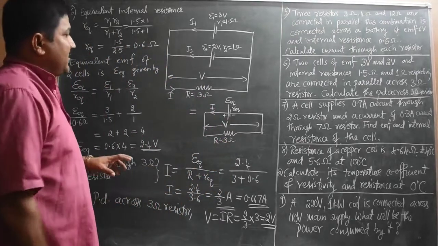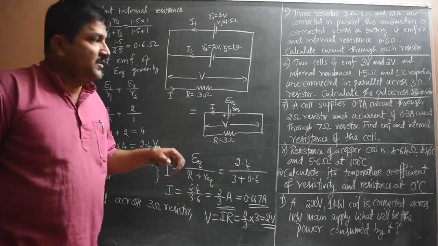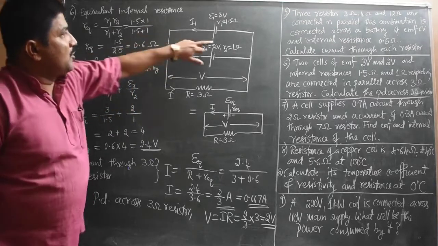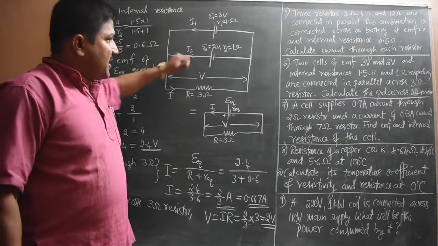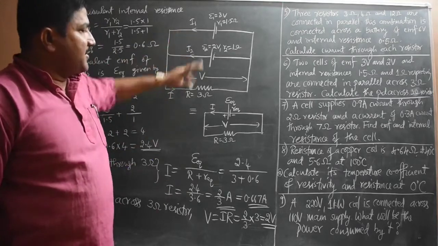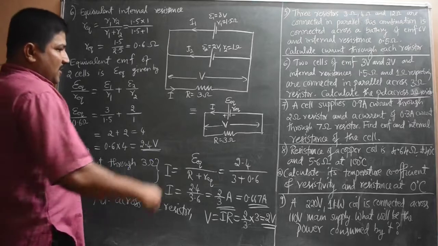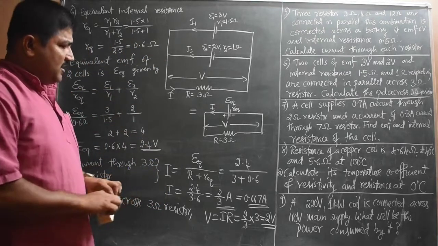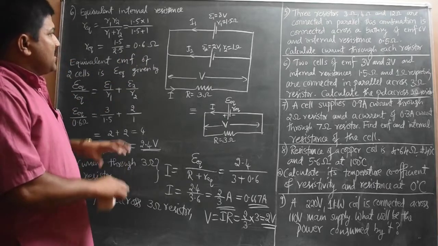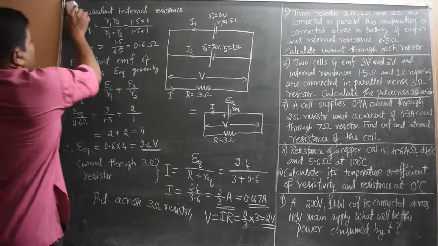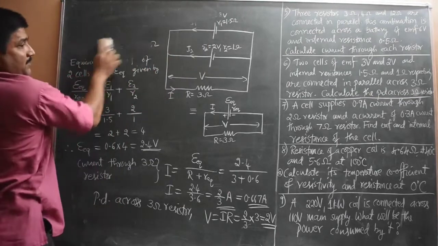Alternatively, this problem can be solved with the help of Kirchhoff's loop rule. Kirchhoff's loop rule we can also apply, and we can solve. In another session, I will discuss problems on Kirchhoff's loop rule, and I will take and solve a similar question. Okay, so that's the end of question number 6. I hope you understood this problem. This also appeared in one of the annual exams. So I go to the next problem, that is problem number 7.